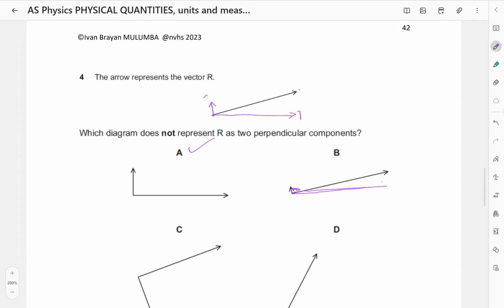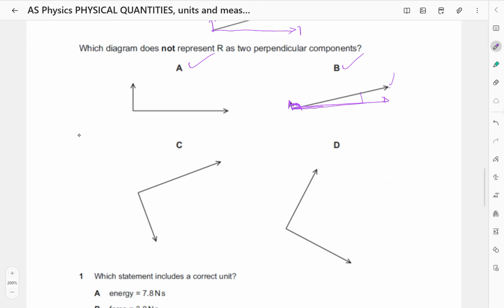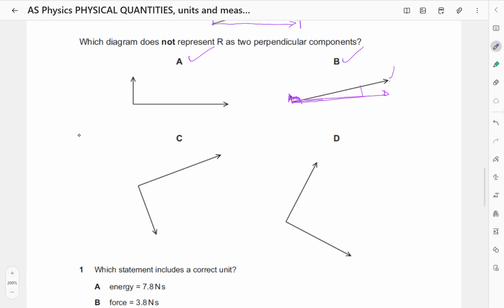If R was to be here, then it could be twisted in such a way that it could give us a horizontal component and a very small vertical component. Because the angle between this one here and the horizontal has been increased, then we can rotate this one further upwards. So that means that one can represent R as two perpendicular components, just rotating anti-clockwise.